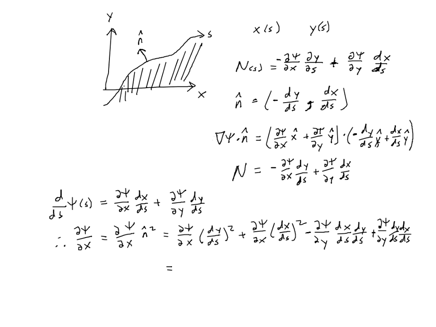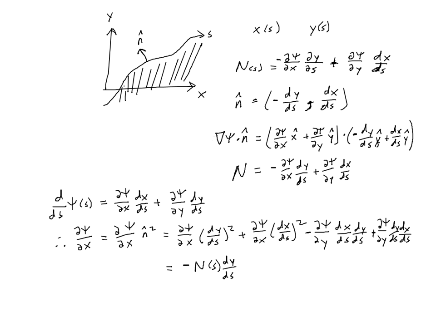And so I added all these extra terms because now what I can do is if I look back here and I'm comparing what I just got here to what's up here, I can say, well, if I take minus n of s and I multiply that by dy ds, then you can see that I end up getting a d psi dx times dy ds squared, like this first term.